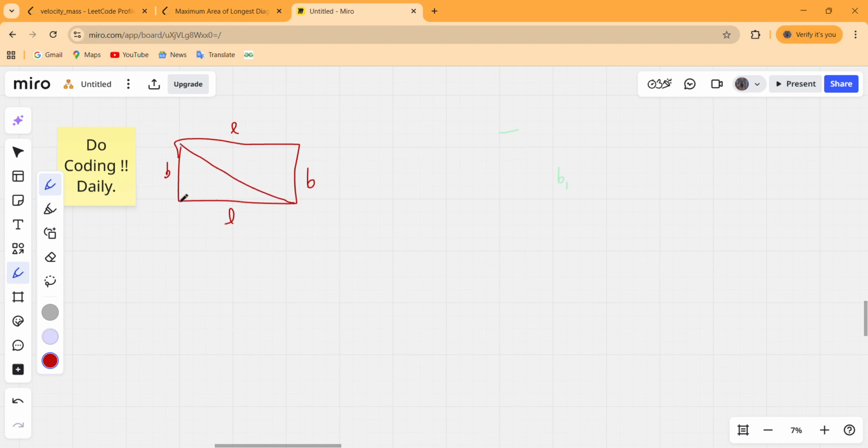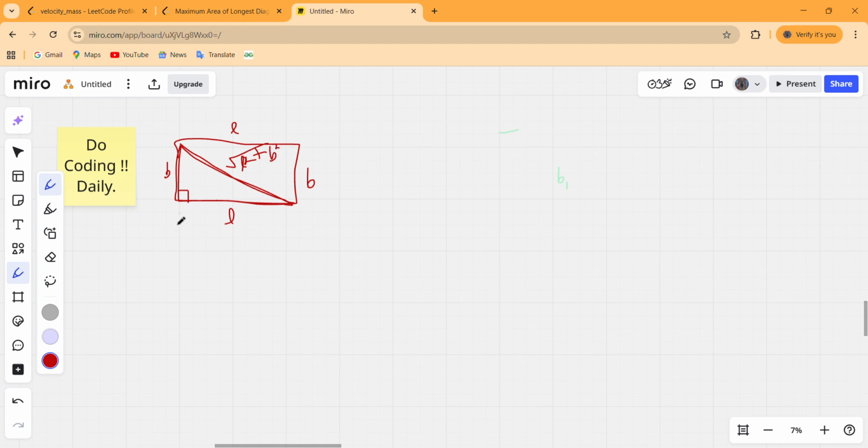And we also know that the angle here is equal to 90 degrees. Now this figure is a right angle triangle, so it should follow the Pythagoras theorem, and the length of this is basically the length of the hypotenuse, and that will be the square root of L square plus B square. Like this.